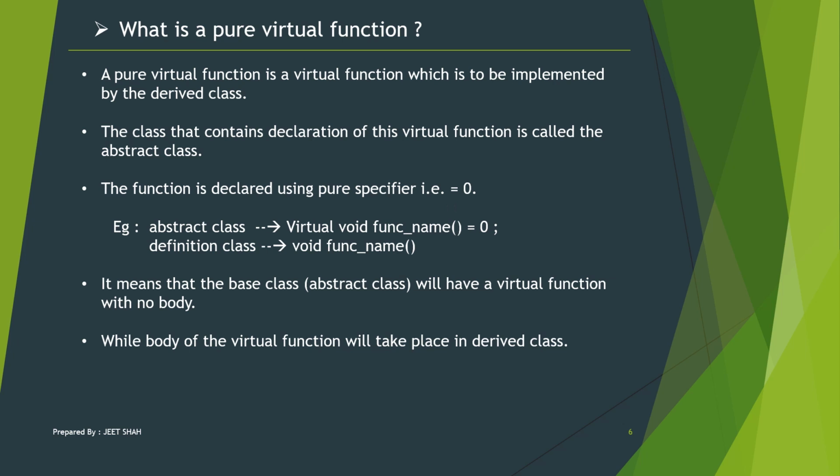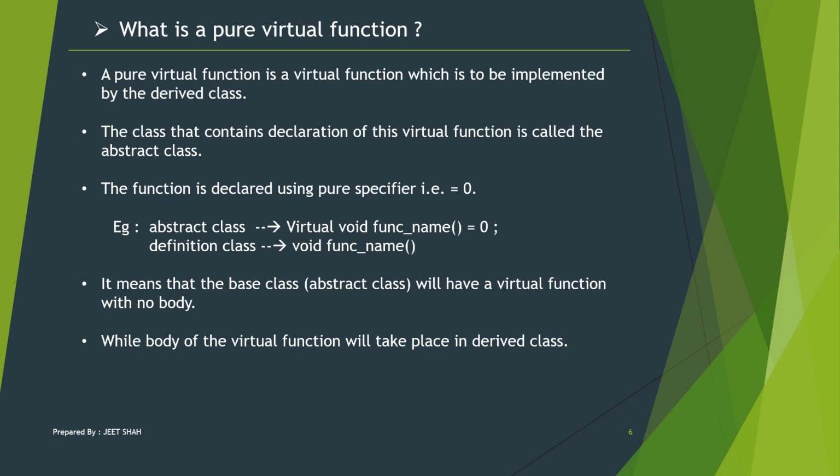So it means that, as we discussed earlier, the class that contains only the declaration of the virtual function is the abstract class. So in that abstract class, we need to declare the function using our pure specifier, which is equal to 0. So we need to add the function with equal to 0 in this manner.